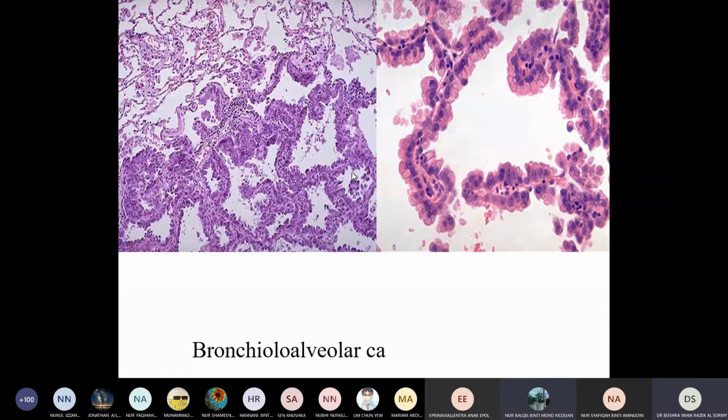Oh, okay. So the right picture is carcinoma. Yeah, but here you can see, just to compare the normal area. Okay, you can see they are lined by pneumocyte 1 and 2, isn't it? And here there is a tumor actually.